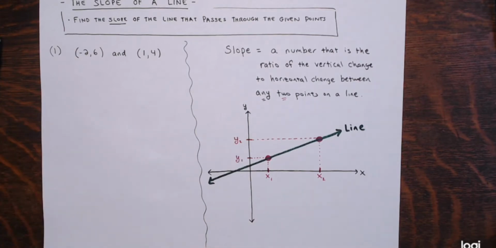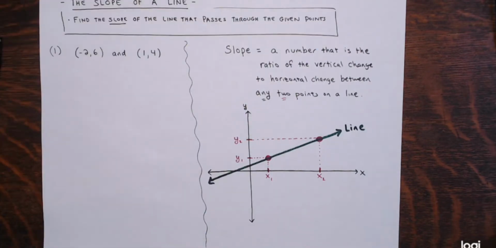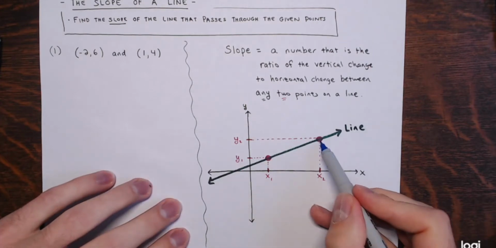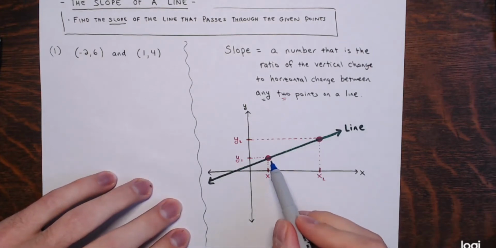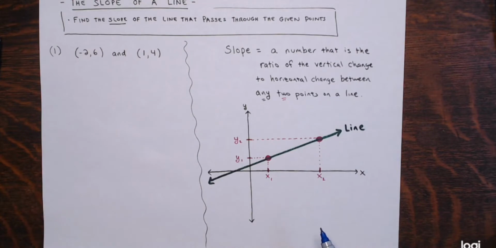Okay. Now imagine traveling from one point to the other, but you can't go just directly on the line. You have to go on the grid. If this was graph paper, you'd see a grid.